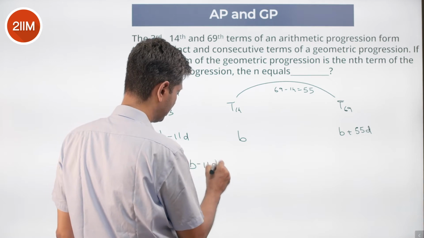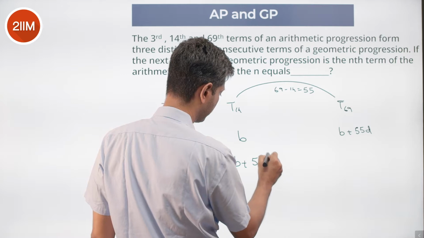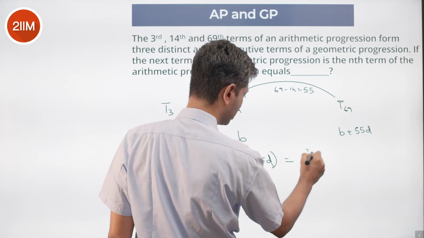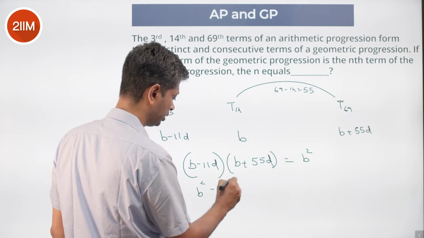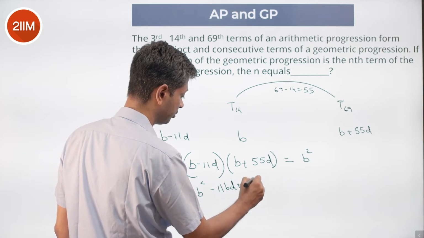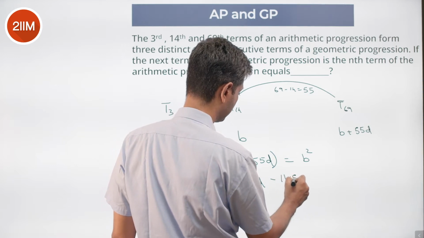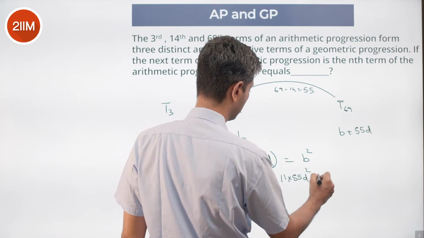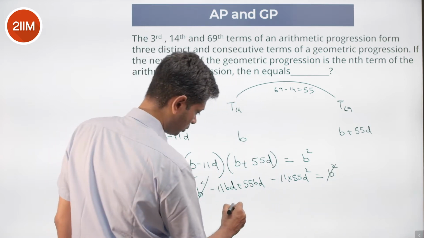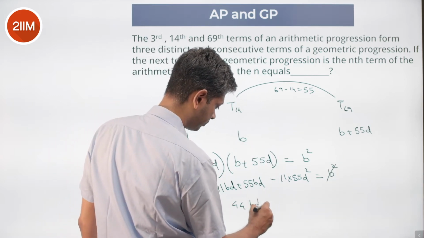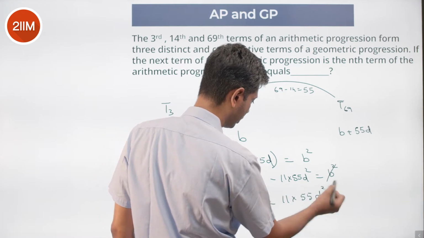(b minus 11d) into (b plus 55d) equal to b square. So b square minus 11bd plus 55bd minus 11 into 55d square equals b square. 44bd equals 11 into 55d square.